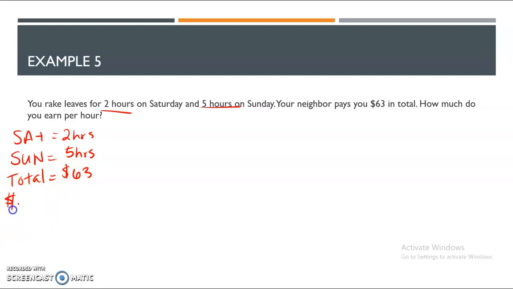So money per hour. That is our unknown. That's what we're going to call x or m or whatever you would like it to be, right? And so we know our hours. And so we would set that up as 2 times whatever we would earn on Saturday plus 5 hours times whatever we would earn on Sunday. And that's going to equal $63.